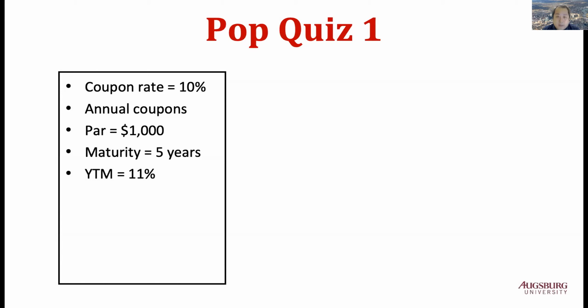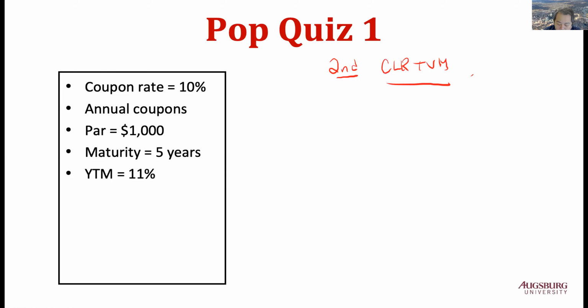This is a pop quiz. Find the value of a 5-year annual 10% coupon bond with 11% required rate of return. To find the price, we can use the TVM function. The TVM function should start with second, clear TVM, all the time.